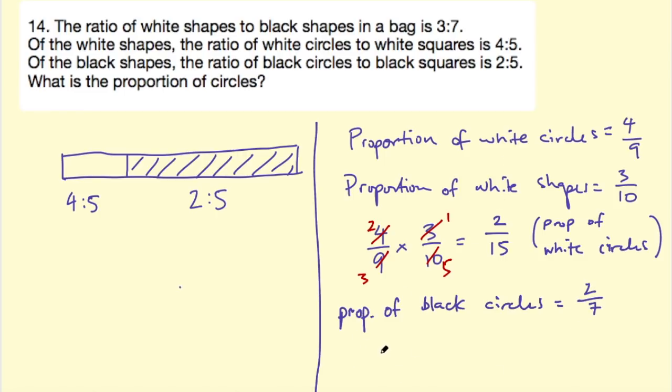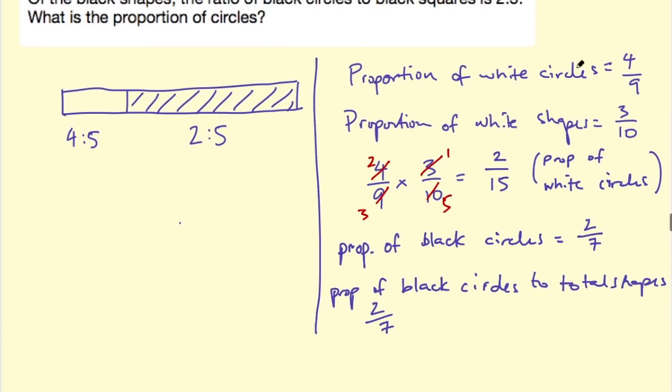And the proportion of black shapes is 7 over 10, so the proportion of black circles to total shapes is going to be 2/7 of 7/10.